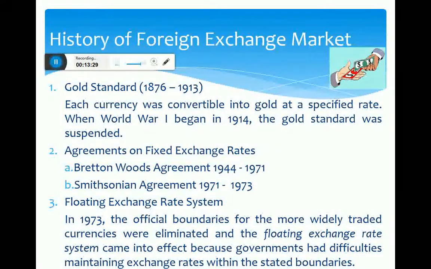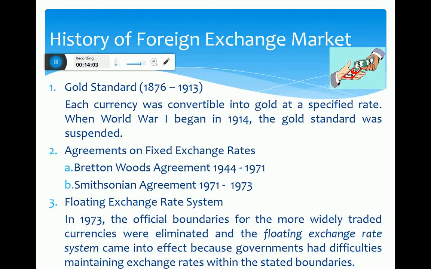From 1973 till now, it's a floating exchange rate system, and different nations have different currency exchange rates against the dollar, which is basically determined by the central bank, keeping in mind the various factors affecting the economy of that country.